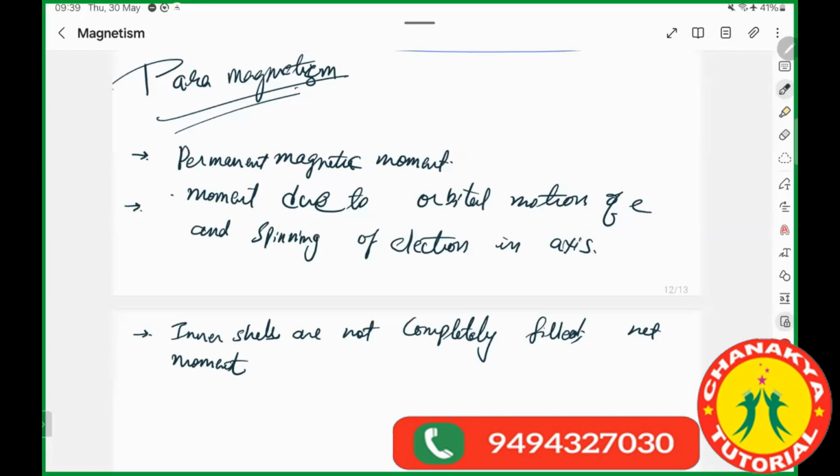That moment is there because of spinning moment of electrons, spin of electrons in the same direction.